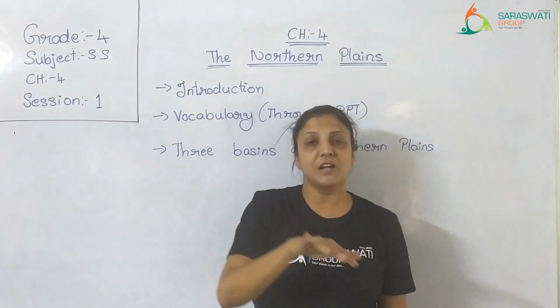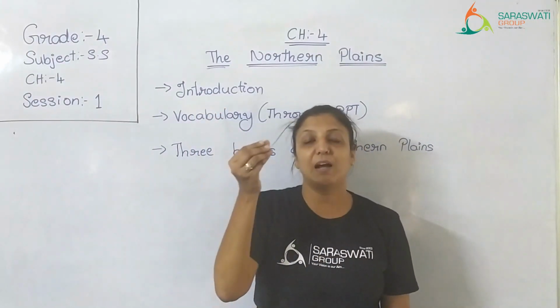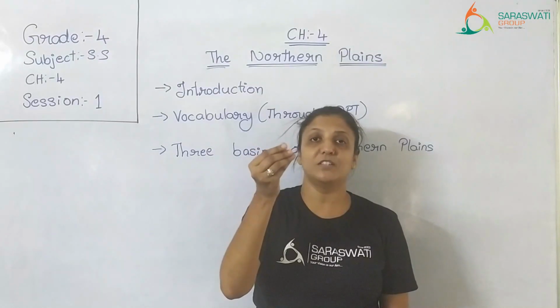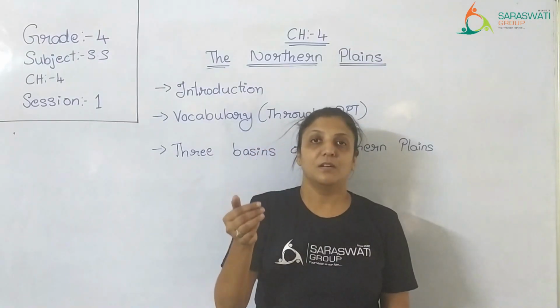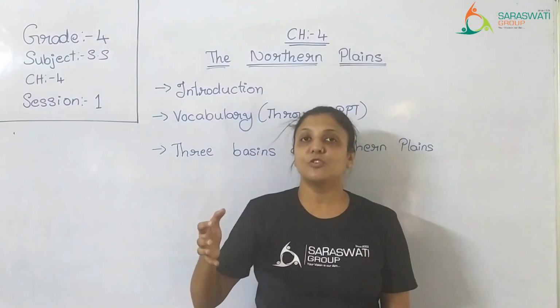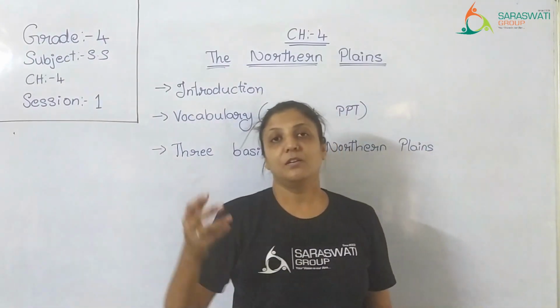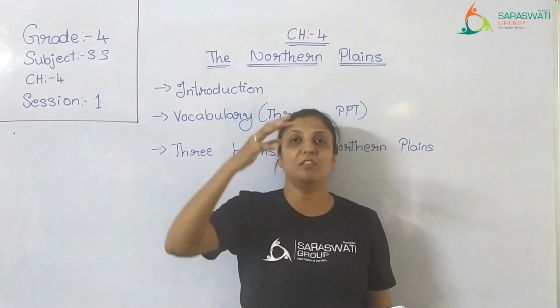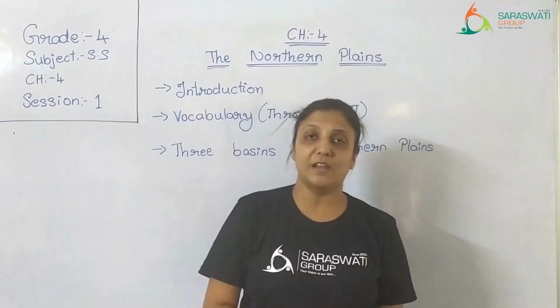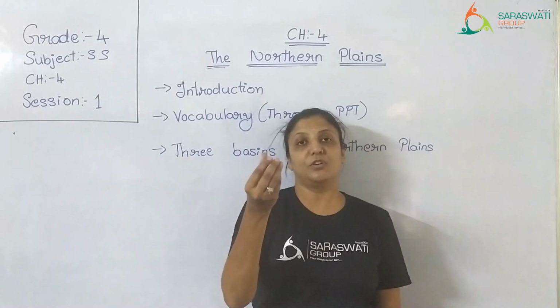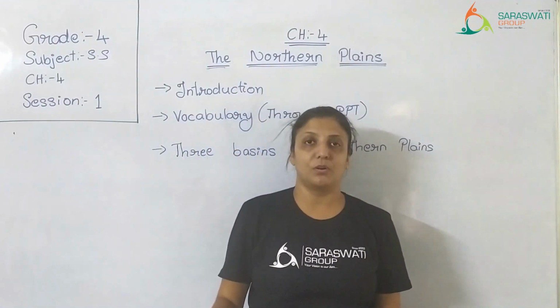When it moves down the slope, it brings fine sand particles or dust particles along with it, right? In the rainy season, you might have seen the water comes, right? The rainwater flows, and when the water gets drained, those sand particles or dust particles remain on the floor.